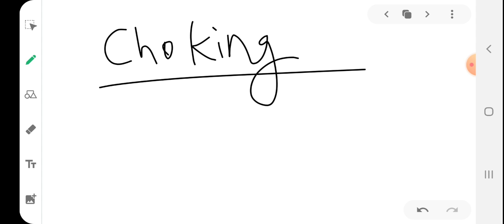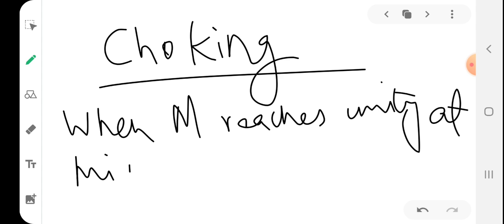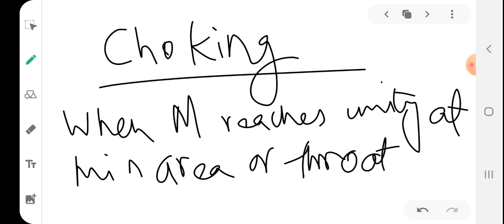Choking means the phenomenon of the Mach number reaching unity at a minimum area or throat. Then the flow is said to be choked. This phenomenon is called choking.